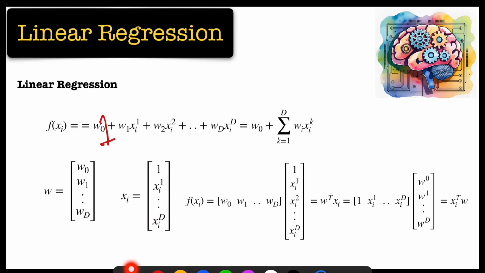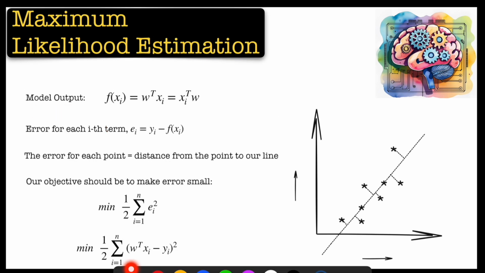So f(xi) we can then write as a vector multiplication, w transpose xi or xi transpose w. So the model output for the ith term xi is f(xi), that is w transpose xi or xi transpose w.